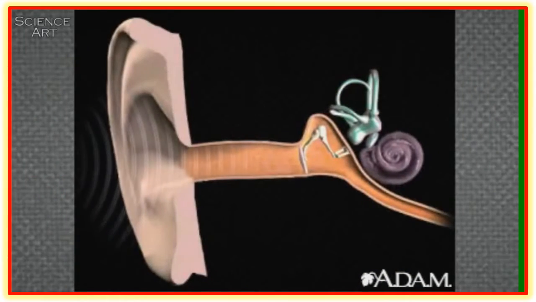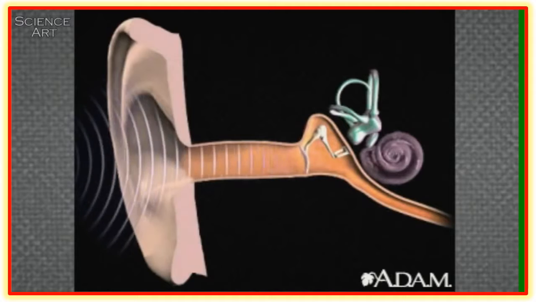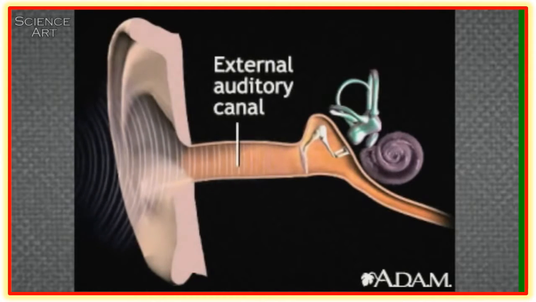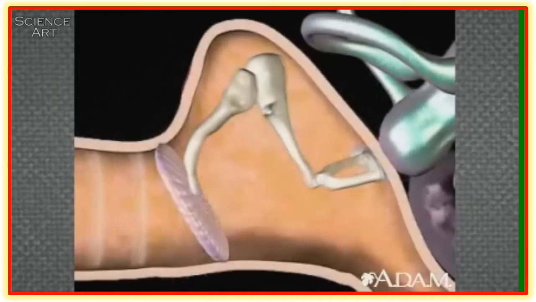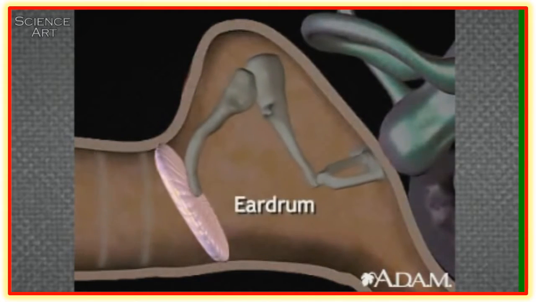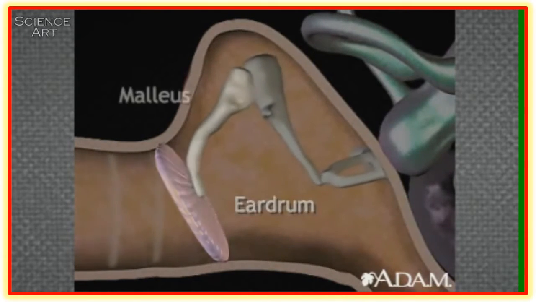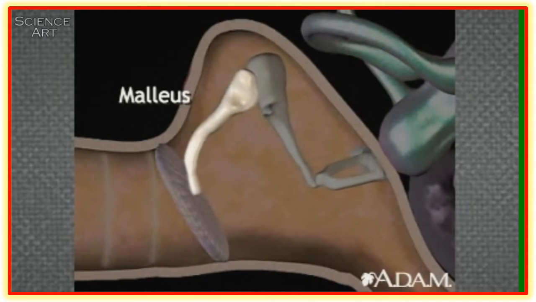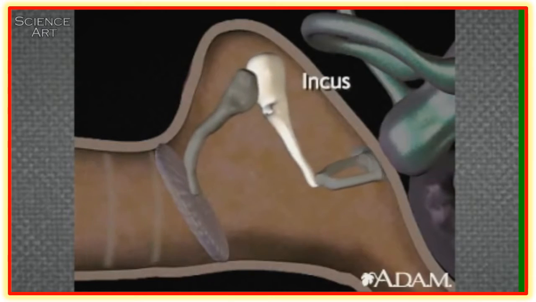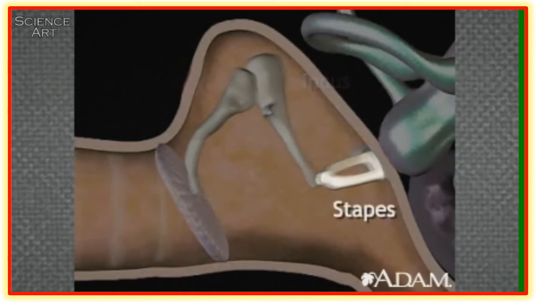As sound waves enter the ear, they travel through the outer ear, through the external auditory canal, and strike the eardrum, causing it to vibrate. The central part of the eardrum is connected to a small bone of the middle ear, called the malleus, or hammer. As the malleus vibrates, it transmits the sound vibrations to the other two small bones, or ossicles, of the middle ear, the incus and stapes.